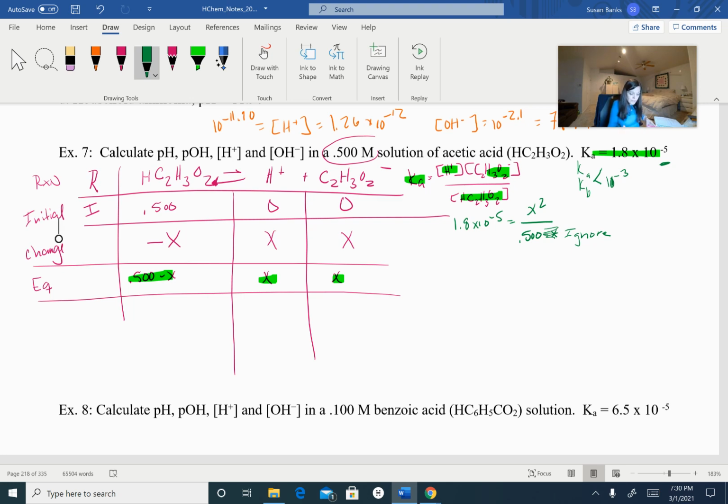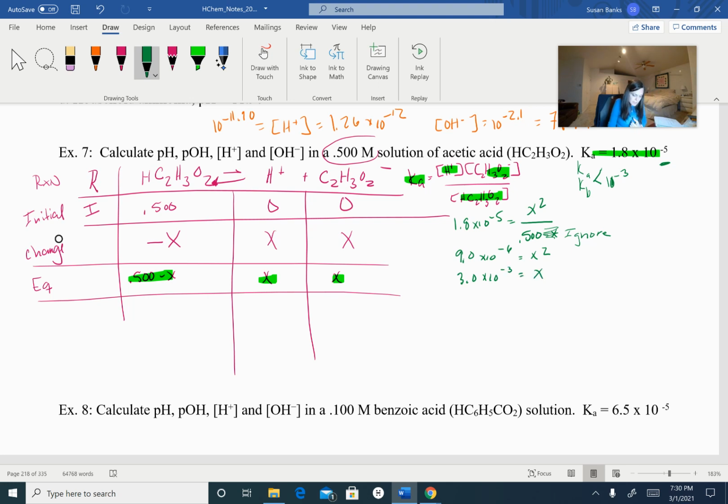So that means we have 9.0 times 10 to the negative 6 is equal to X squared. Do you agree with that? Okay, so now we're going to take the square root of that. And that gives us 3.0 times 10 to the negative 3 is our X.